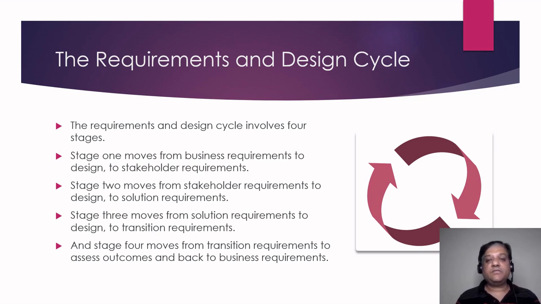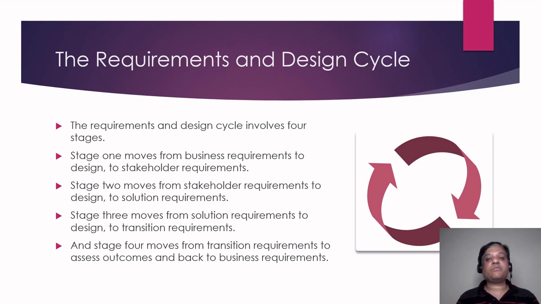In the early stages of the requirements cycle, the business analyst will elicit information from the business to understand goals and objectives. The requirements and design cycle involves four stages. Stage one is to move from business requirements to design to stakeholder requirements.